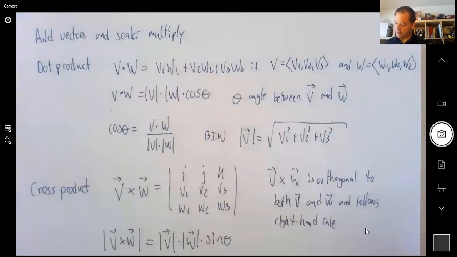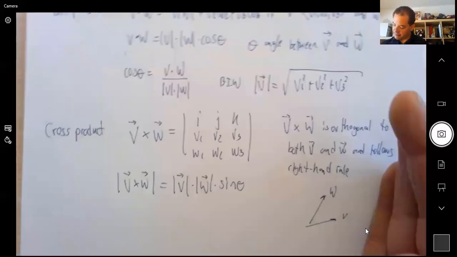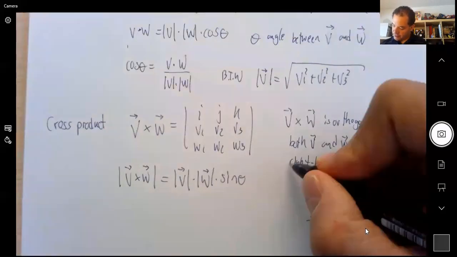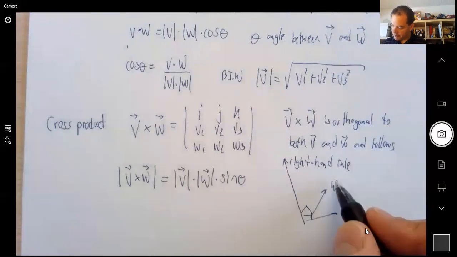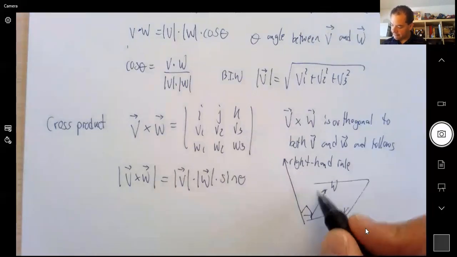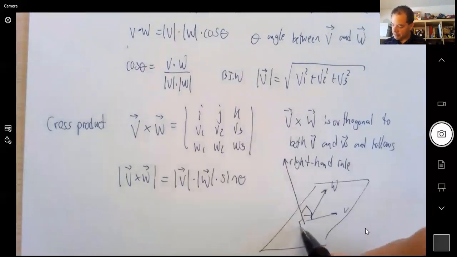So if you have vector V and vector W, you go from V to W with the right hand, and then V cross W will be perpendicular to both. There's a plane that has V and W, and this vector is perpendicular to that plane, and it follows the right-hand rule.